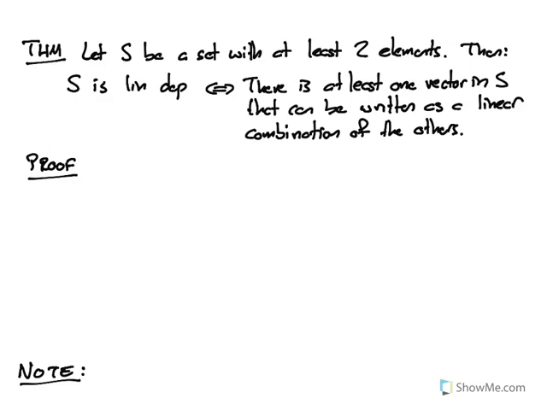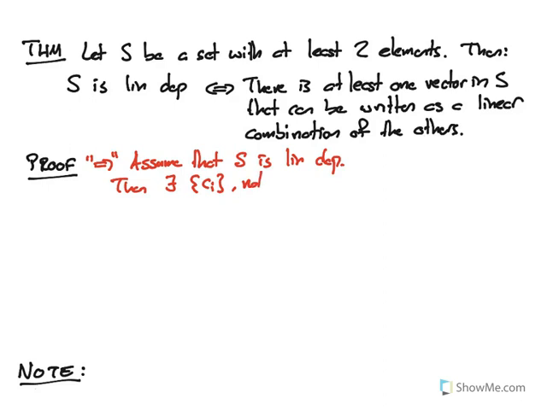So we start by going in this direction. We assume that S is linearly dependent. Then there exist coefficients Ci, not all 0, such that I can form a non-trivial linear combination to form the 0 vector.